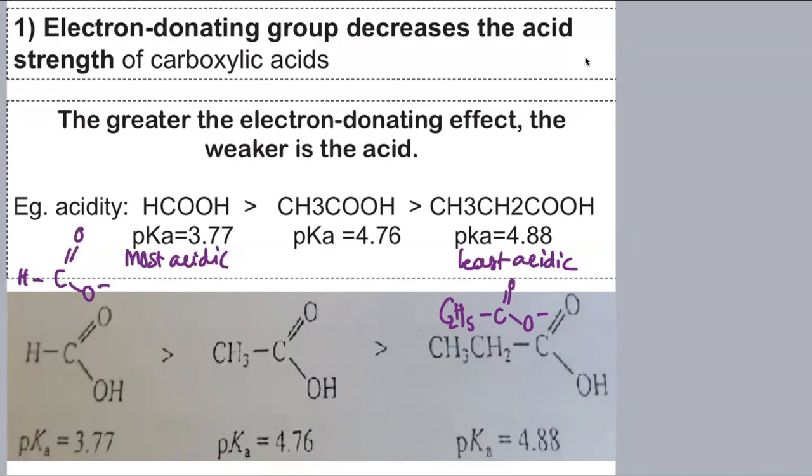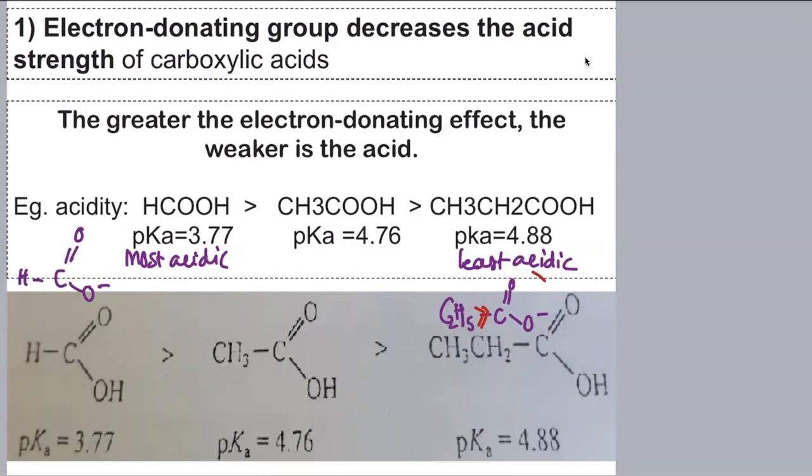As compared to propanoic acid, you have a C2H5, which is very electron donating. Okay, so the propanoate ion is less stable than the methanoate ion.